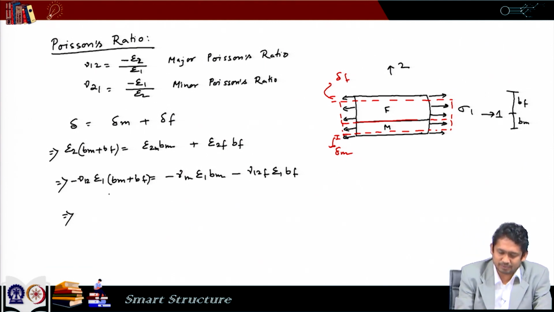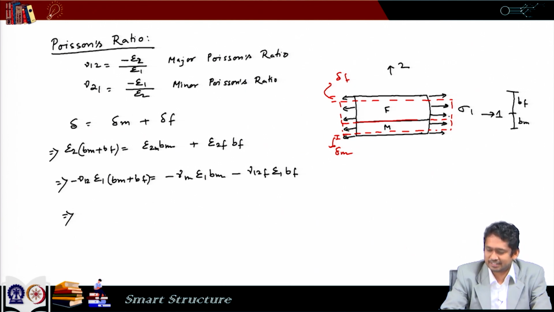Then again we have epsilon 1, same here. We saw that when it is loaded in the longitudinal direction, the strains along the longitudinal direction are the same for matrix and fiber, and that is epsilon 1.